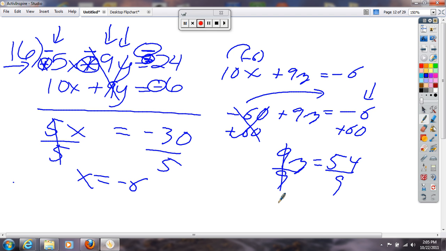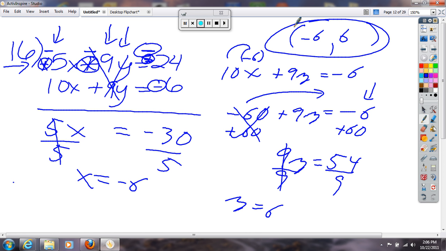The 9's cancel, and y equals 54 divided by 9, which is 6. Leaving me an answer of x is negative 6, y is equal to positive 6, and I have negative 6 for my answer. That's problem number 16.